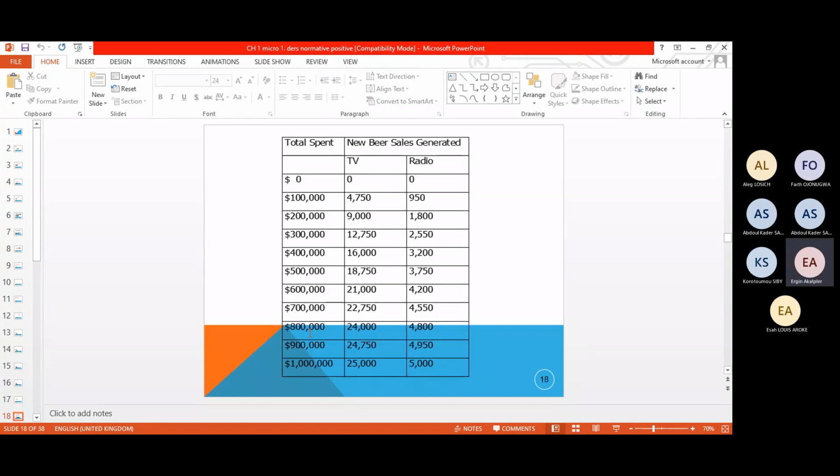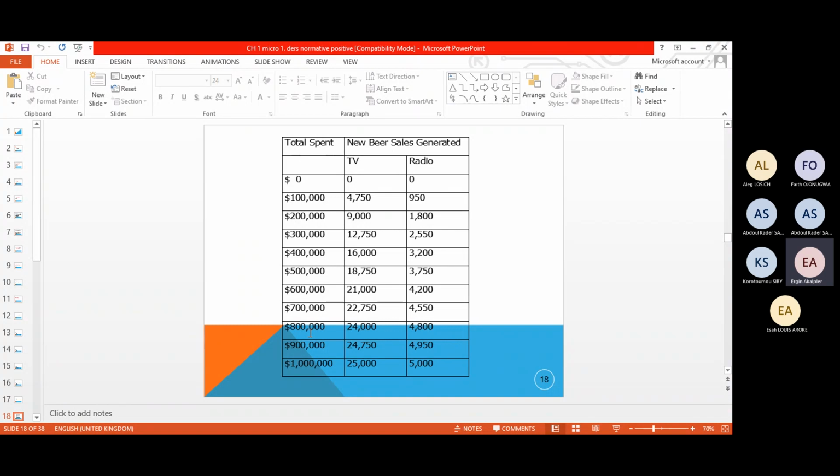And here we are observing total spending and the new beer sales generated, supposing the company is selling beers. At zero spending, it is 0 and 0, of course, and at $100,000 or euro it can be 4,750 for the television, and 950 for the radio, and it goes like this.